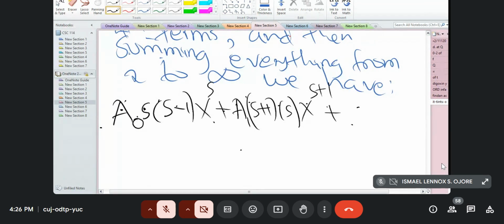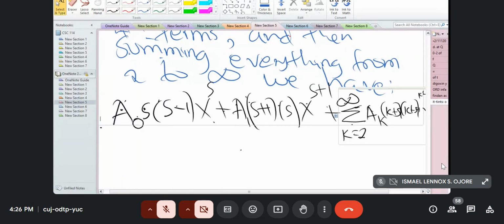We take k is 0, k is 1 for the second term. For the second term, we can write the sum from k is 2 to infinity, A_k (k plus s minus 1) x to the k plus s, right? Yeah, we can just do this, because once we obtain values for 0 and 1, we can sum the remaining series from 2 to infinity.